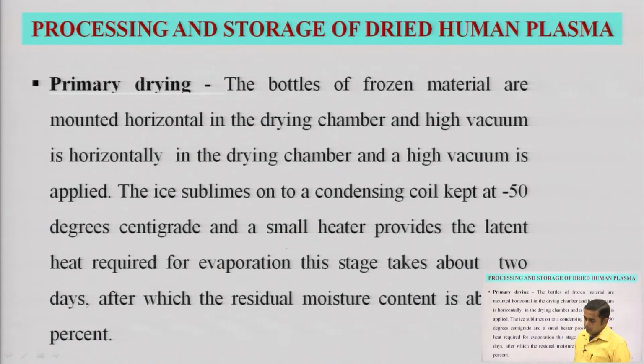The bottles of frozen material are mounted horizontally in the drying chamber, and high vacuum is applied. Then the ice sublimes on the condensing coil kept at minus 50 degrees centigrade, and a small hot heater provides the latent heat required for evaporation. This stage takes about 2 days, after which the residual moisture content is about 2%. So, you can see we actually get only 2% residual. Lots of wastage actually happens.